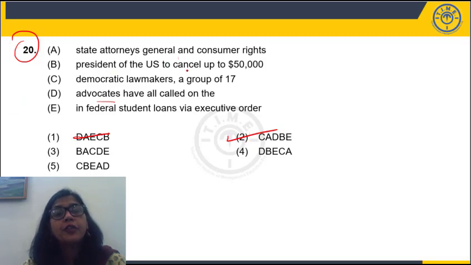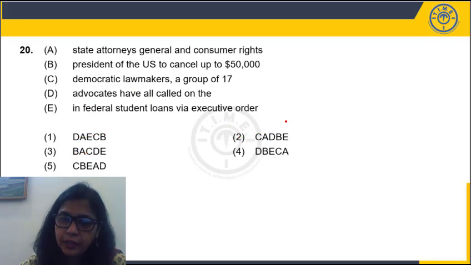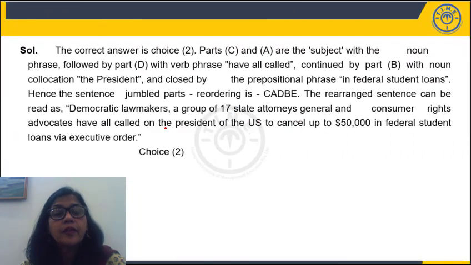B and A, President of the US to cancel up to $50,000, State Attorneys General, no connection here itself. Advocates have all called on the President of the United States to cancel up to $50,000 in federal student loans via executive order. Democratic lawmakers, a group of, again, big disconnect here. Likewise for the fifth one also. So 20th question, CADBE, and this is the final statement that we get.